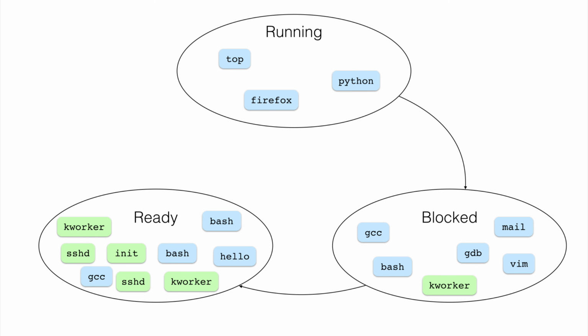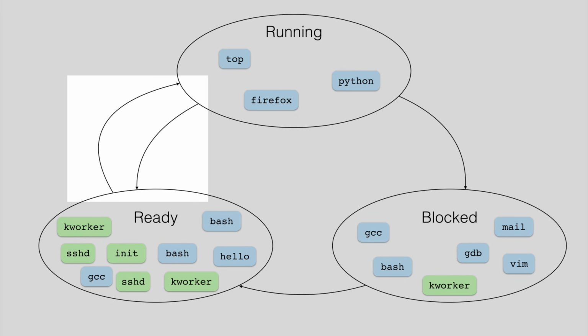A processor isn't available yet, but when it is, GCC could be executed. Finally, once a processor becomes available, GCC is executed and it's back in the running state. The operating system gives us the illusion of running dozens or hundreds of processes simultaneously by switching between the ready and running processes very quickly.